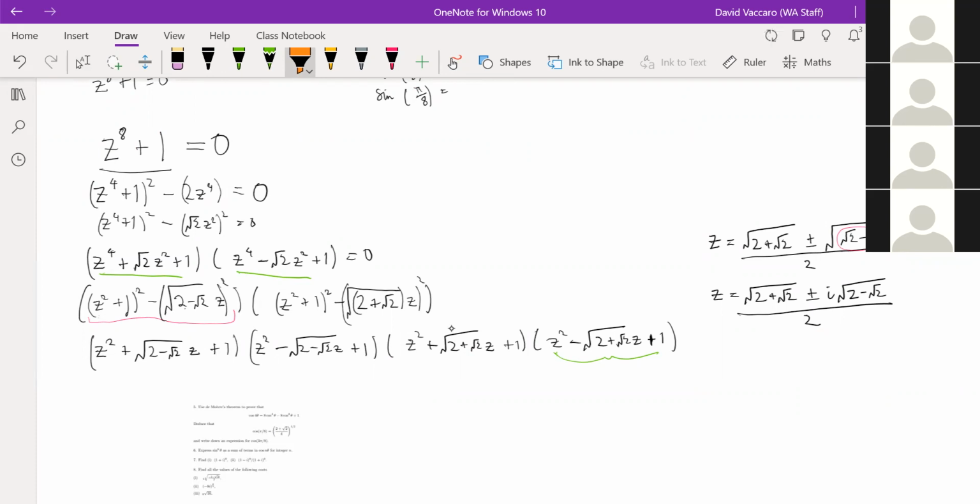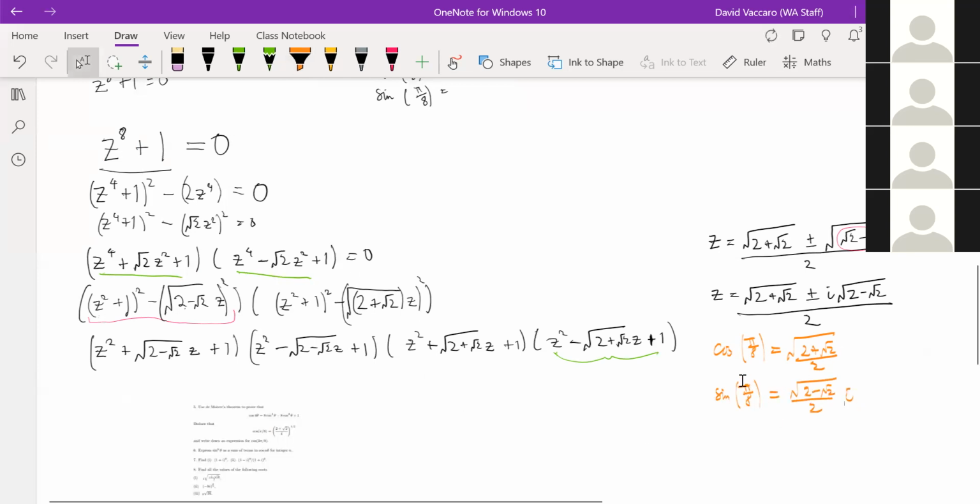Lots and lots and lots of nested square roots. Okay, so we've shown that cos pi over 8 is root 2 plus root 2 over 2, and sine pi over 8 is root 2 minus root 2 over 2i.